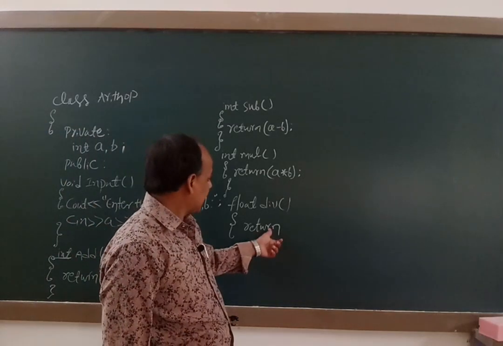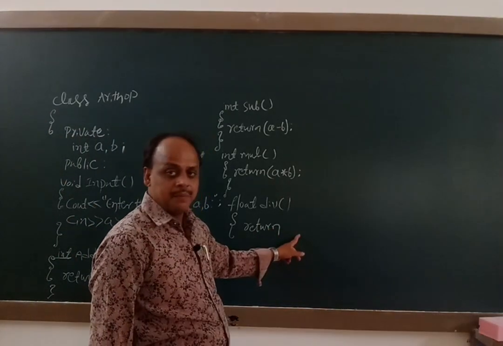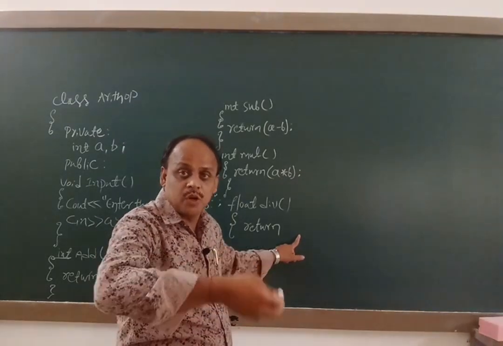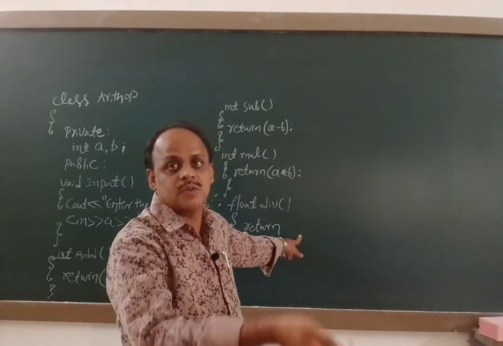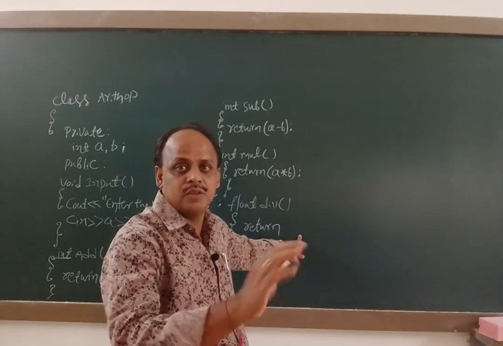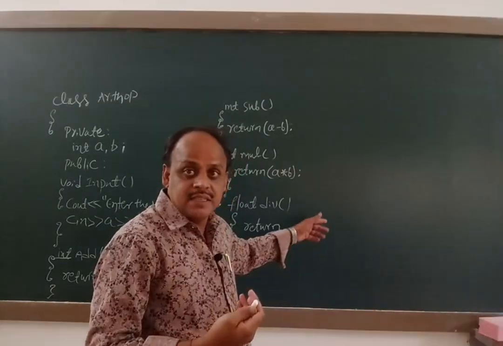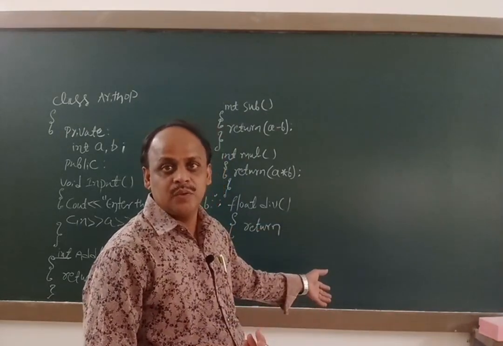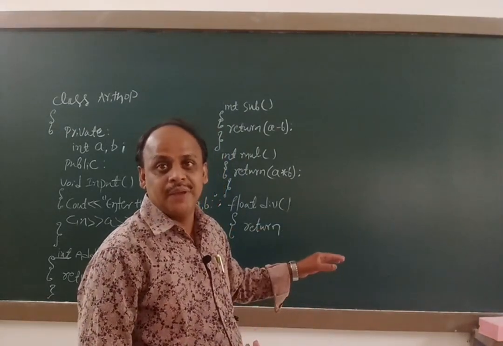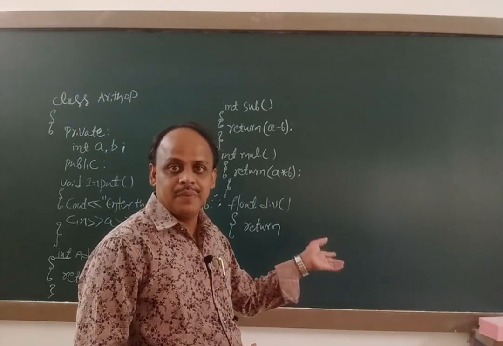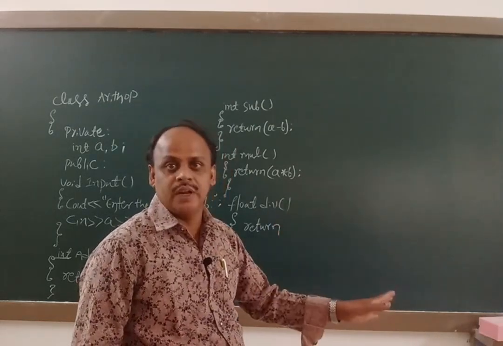Here in the bracket, suppose I return A by B, it is possible to get int as well as float value depending on the values of A and B, but the answer we get is int only, because we are performing A by B, int by int, which gives int only.